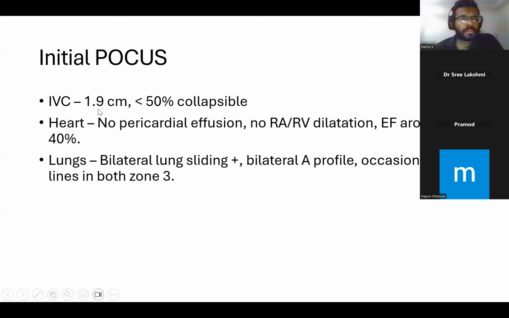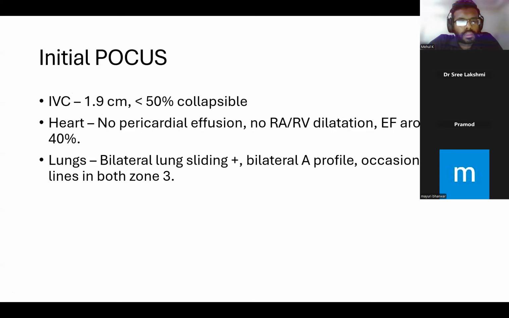IVC is borderline, which is not surprising because the patient has already been admitted outside somewhere, so obviously must have received some IV fluids or blood products. We are not really sure exactly how much the patient has received, so we don't have much to go with there. But generally, they must have received something because it's post-op day 5.